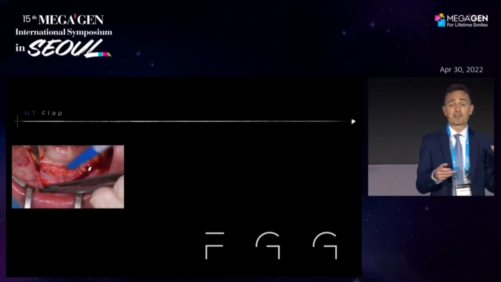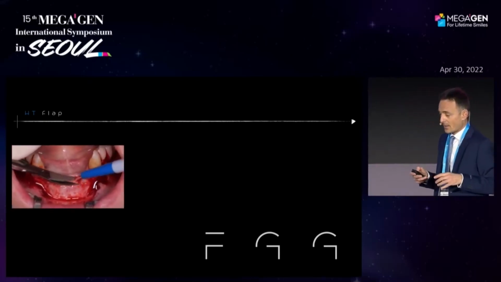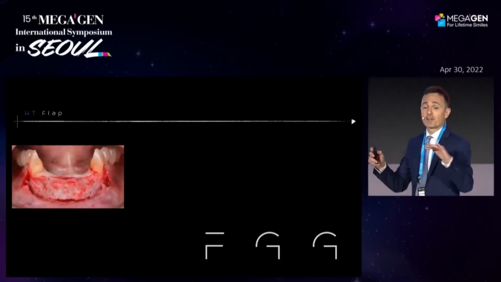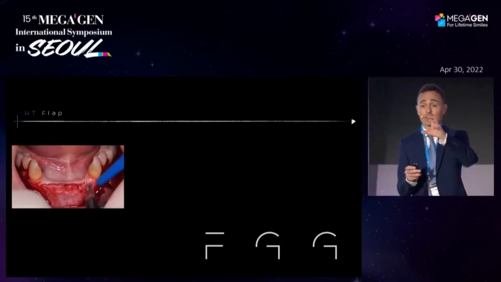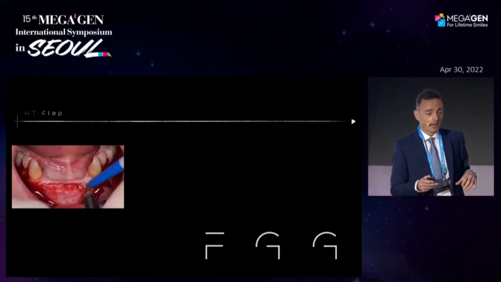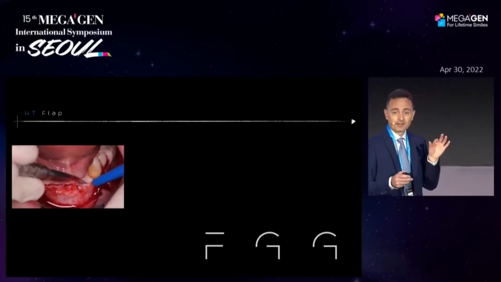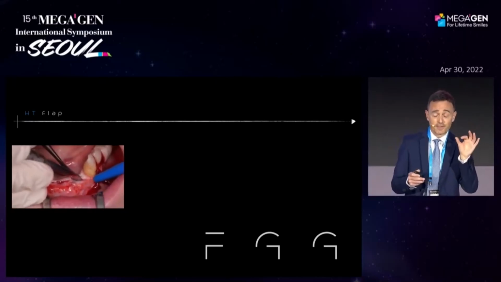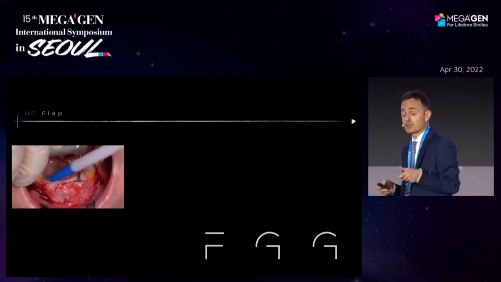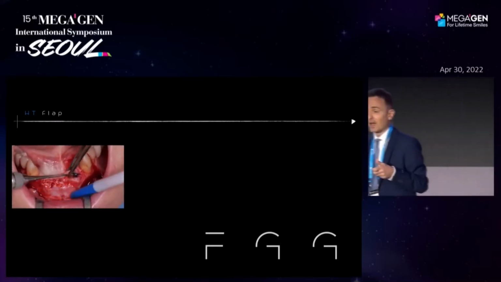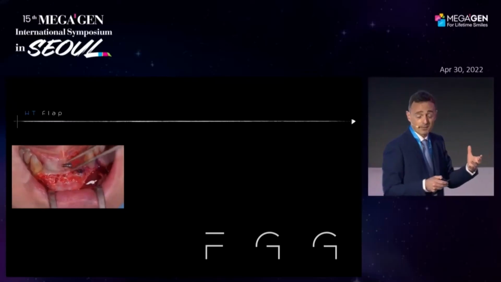First, we need to open a half thickness flap, just to create a bleeding surface where to place my free gingival graft, which I will later harvest from the palate. Then we need to open 3 little full thickness flaps on top of the implant, just to reach the cover screw, unscrew it, and replace it with healing abutments.